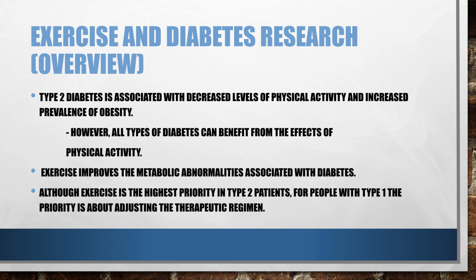Exercise can improve the metabolic abnormalities associated with diabetes, and although exercise is the highest priority in type 2 patients, as I mentioned before, for people with type 1, the priority is usually about adjusting the therapeutic regimen just because of the specifications and the causes of type 1 that aren't necessarily associated or shared amongst type 2 diabetes.